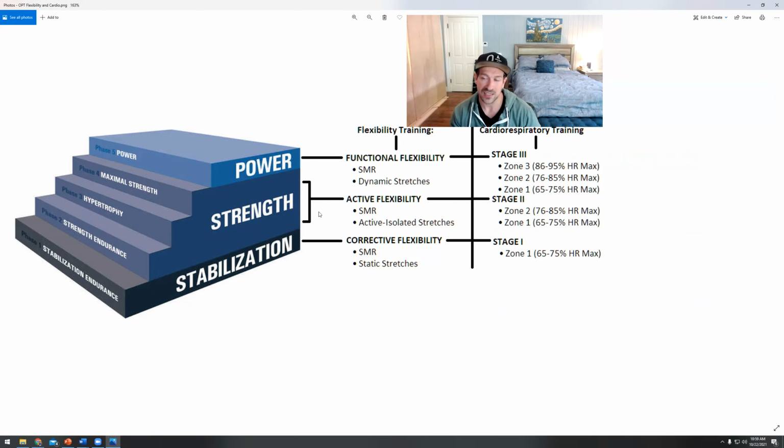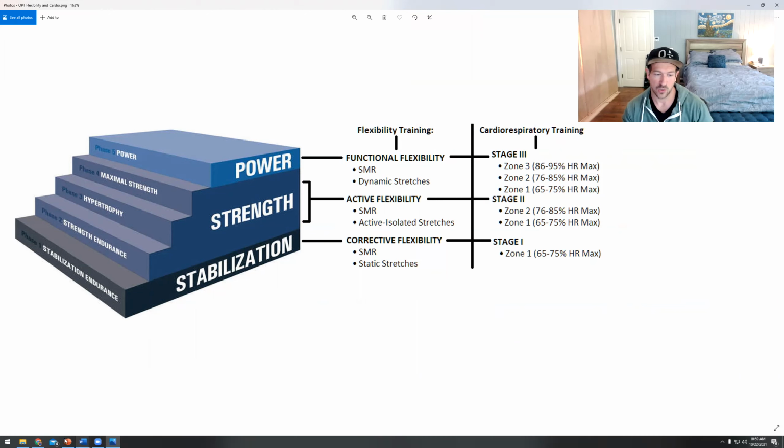But the reason we do this type of cardio with clients in the strength level is that it actually is the type of cardio that supports strength training. So it starts to become interval training. What you would do is pop up into zone 2 for, let's say, 1 minute, right? So you're going to push your lactate threshold a little bit, or you're working really hard.